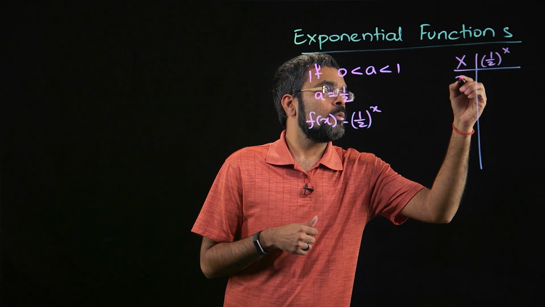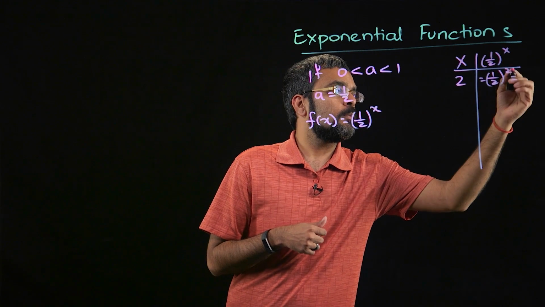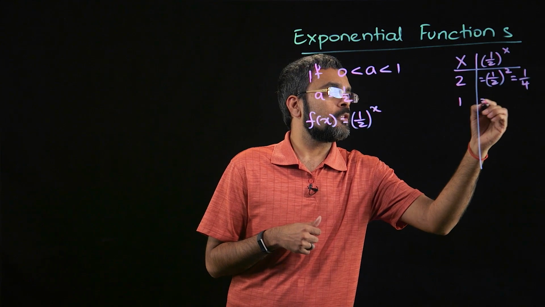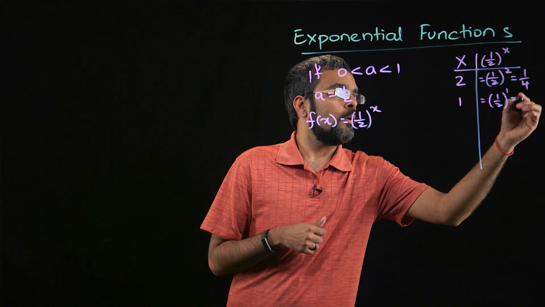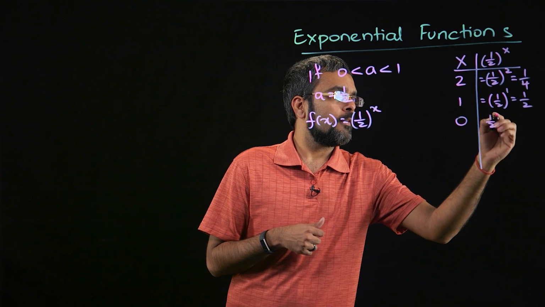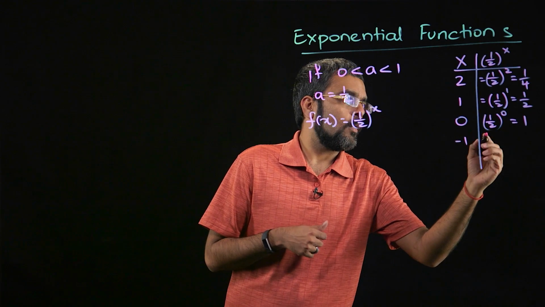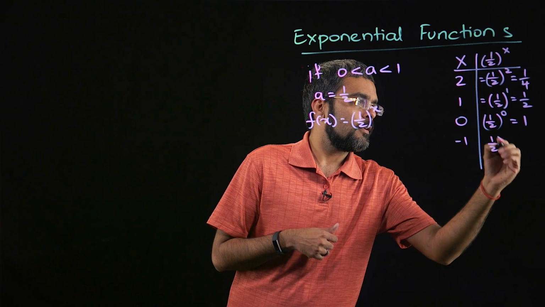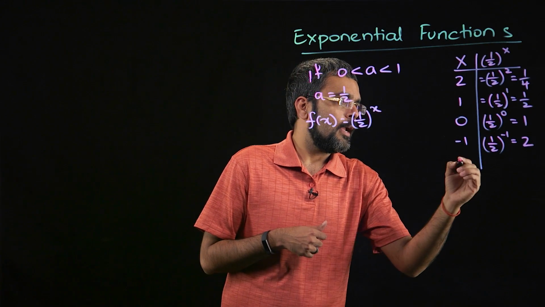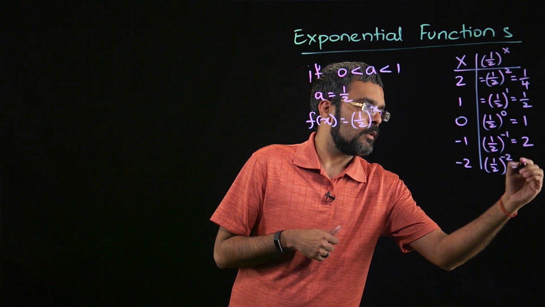If I take 2, this gives me 1/2 squared, which is 1/4. If I take 1, this is 1/2 to the 1, which is just a half. At 0, I get 1/2 to the 0, which is 1. At negative 1, I get 1/2 to the negative 1, and we'll see in a bit that that actually equals 2. And if I put in negative 2, I get 1/2 to the negative 2, and that equals 4.